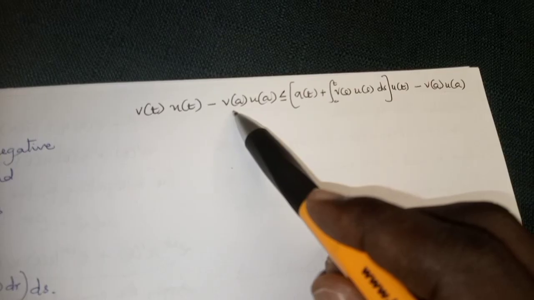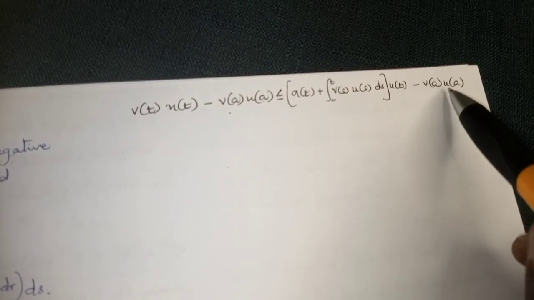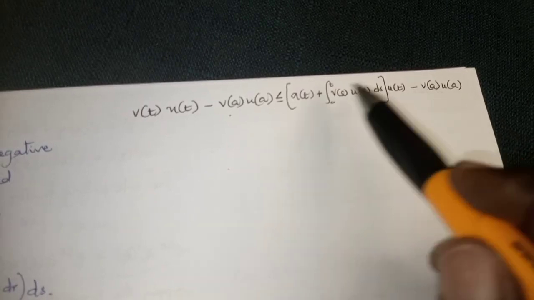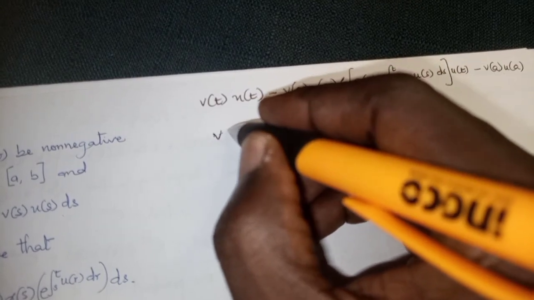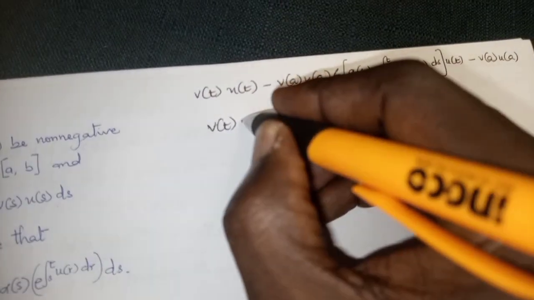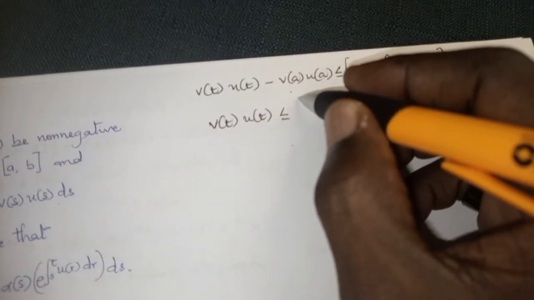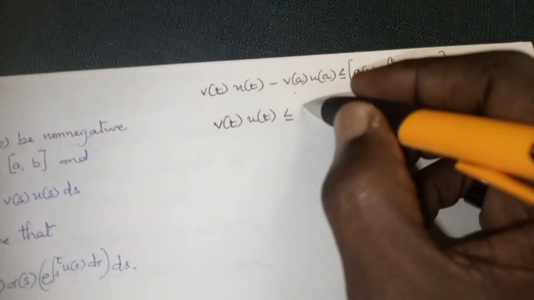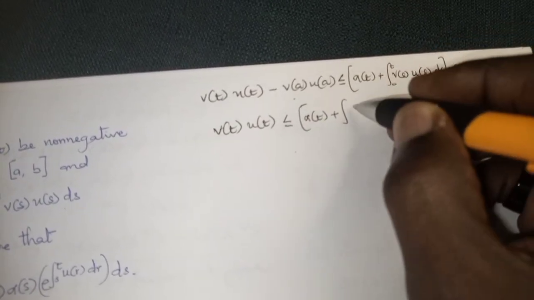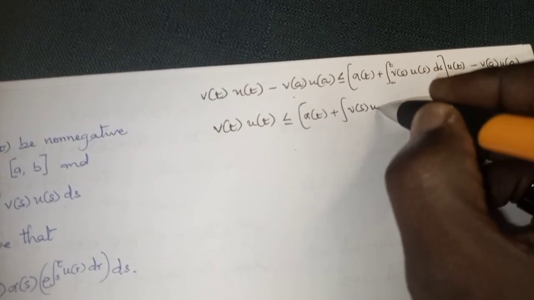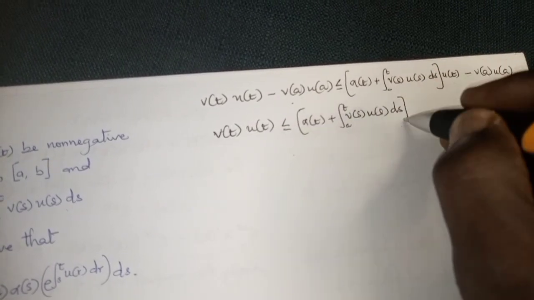The same thing for the other term, 0, so this goes off. So we'll be having v of t, u of t less than or equals to all this expression now: alpha of t plus the integral expression, then u of t.